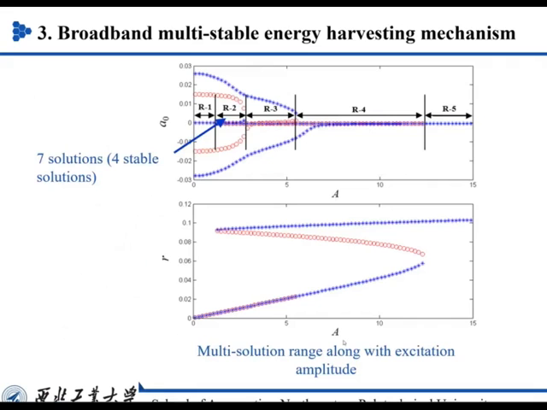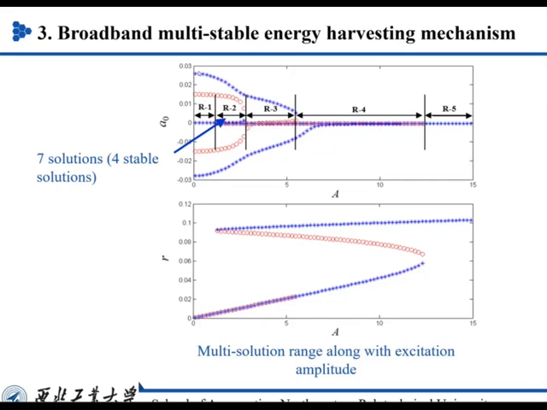When the excitation level is very low, the vibration is intrawell. That means it will be confined in one potential well. If it is confined at the middle stable equilibrium position, A0 becomes 0 and the amplitude is very small.